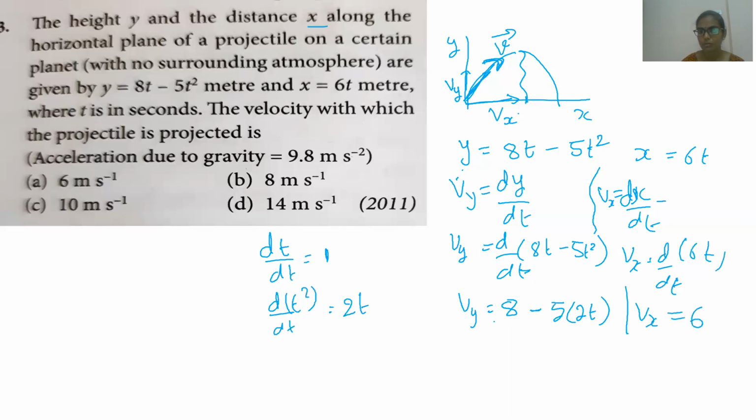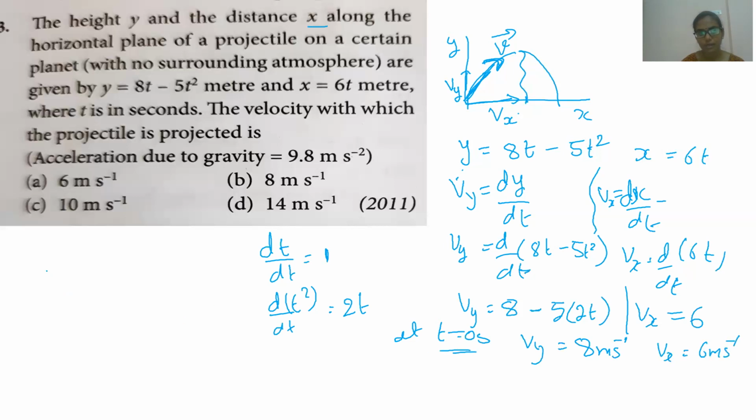Now you observe, you got Vy and Vx at a certain time. Let us take t equal to 0. At t equal to 0 seconds, Vy is just 8 meters per second and Vx is 6 meters per second.